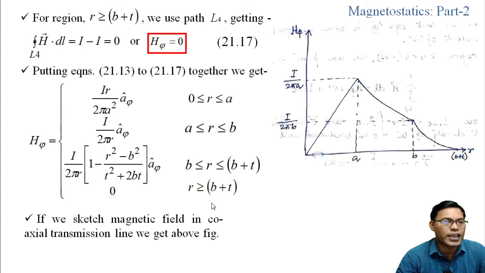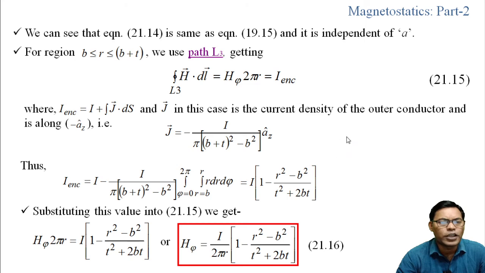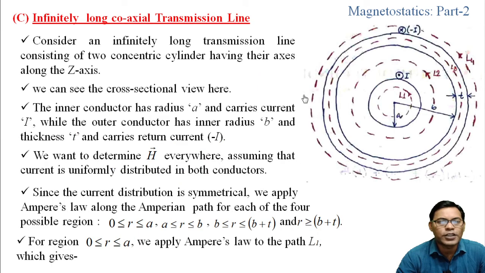Now case 4 is the simplest case. For case 4, that is r greater than or equal to b plus t, we are going to use L4. You see that L4 is the Amperian path which is outside the transmission line.